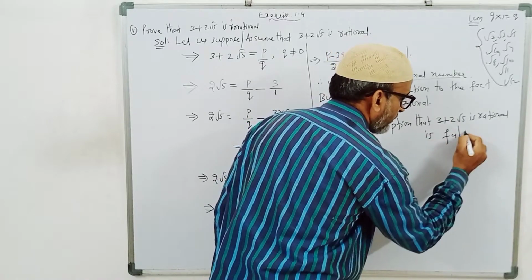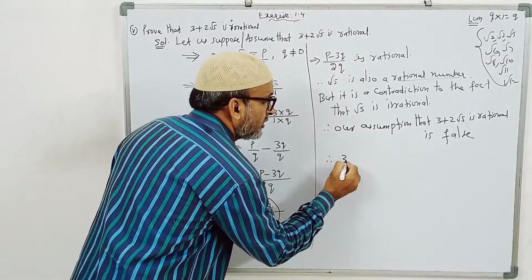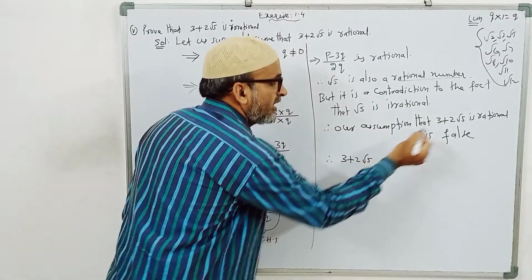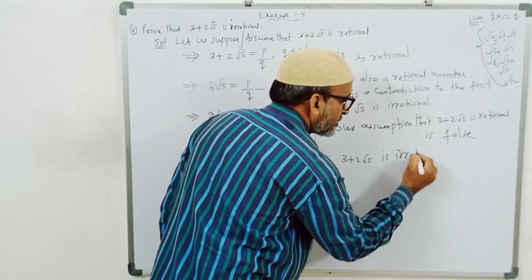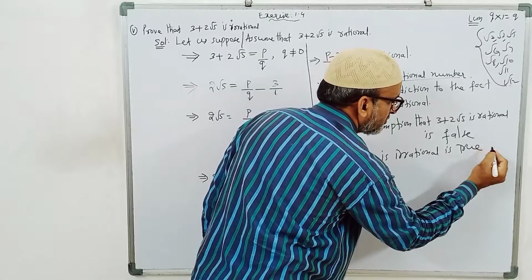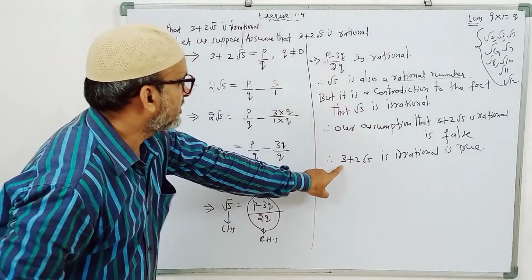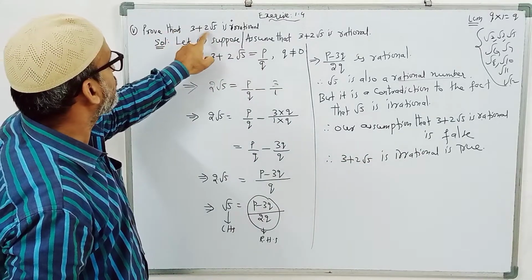What you have assumed is false. Therefore, 3 plus 2 root 5 is rational is false, which means it is irrational is true. So what is asked? Prove that 3 plus 2 root 5 is irrational.